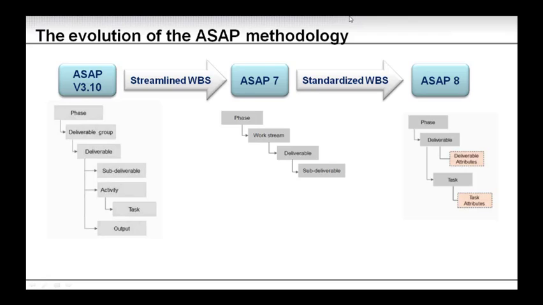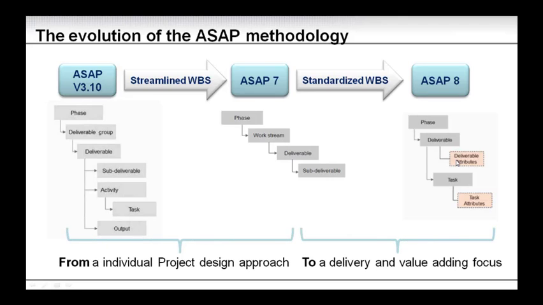So here they did continue the phase definition, they continued the deliverable, they introduced a task, but then instead of having the work stream that you had here, they used the work stream as an attribute to the task and deliverables. So this was their way of streamlining, taking the streamlined WBS and further standardizing it.